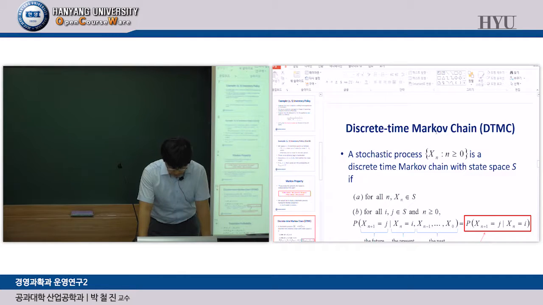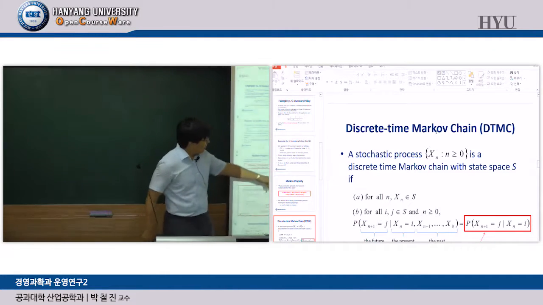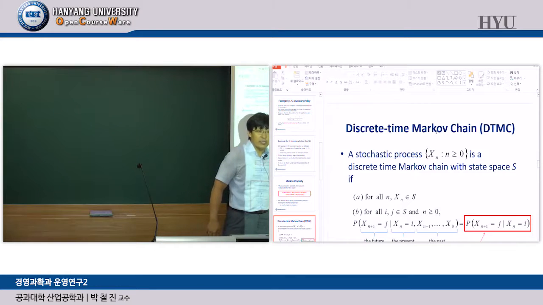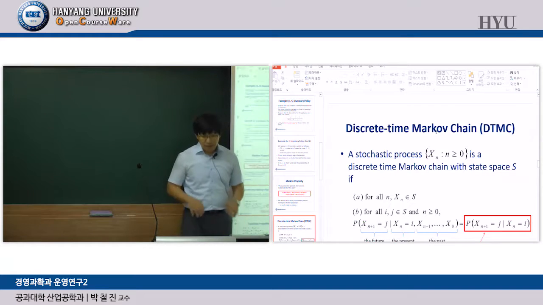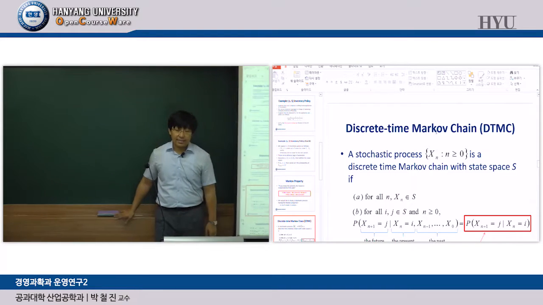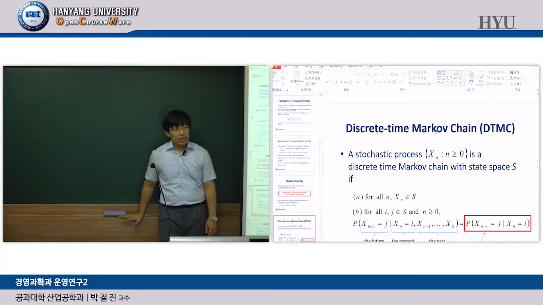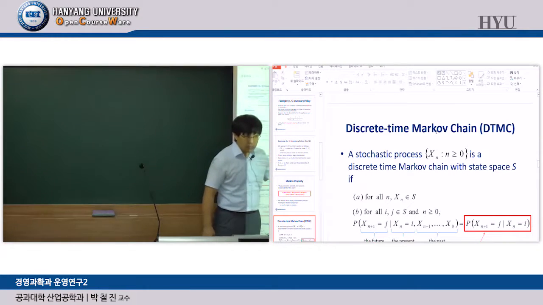For any time n, where n represents the time index, X_n should take one of the numbers in the state space. When you think about the definition of state space, this is very natural. But the second is a more important concept.